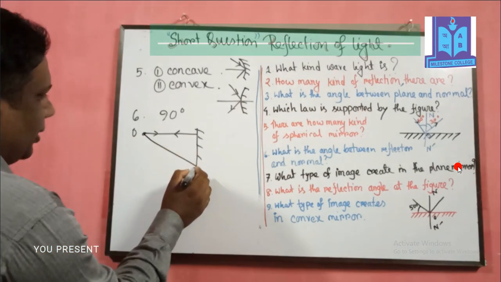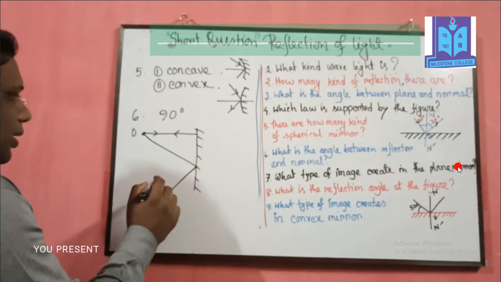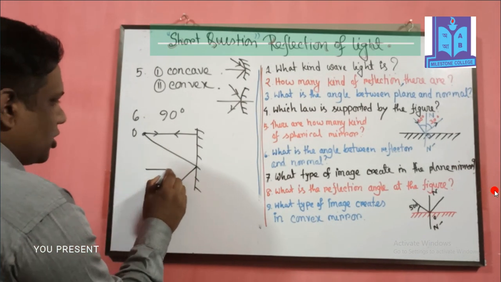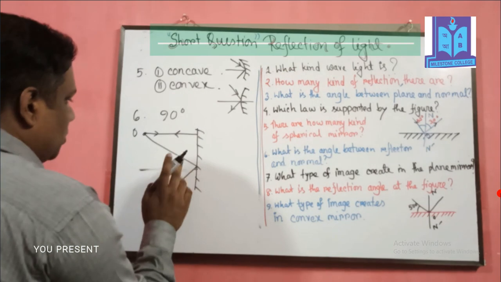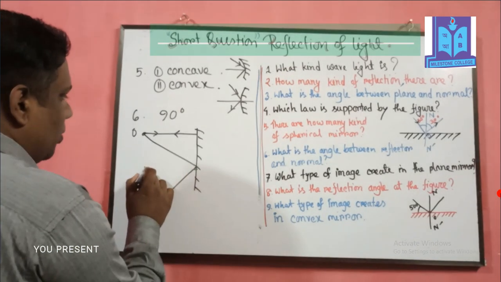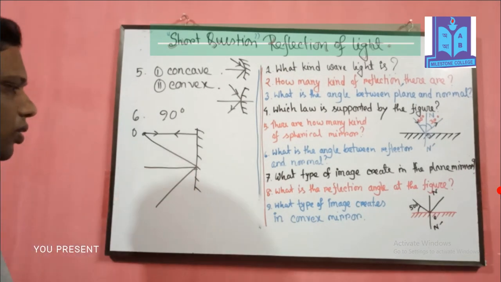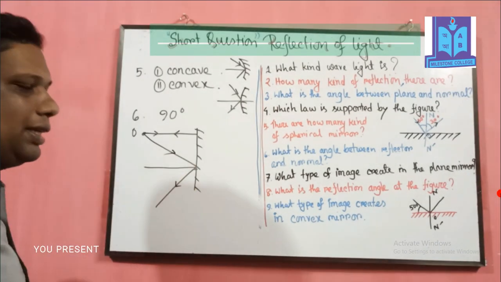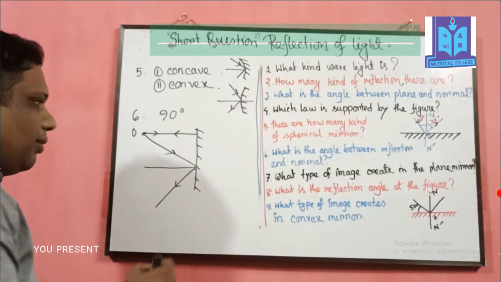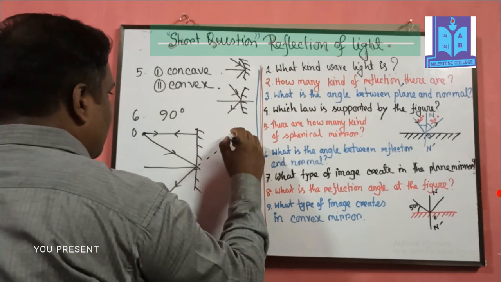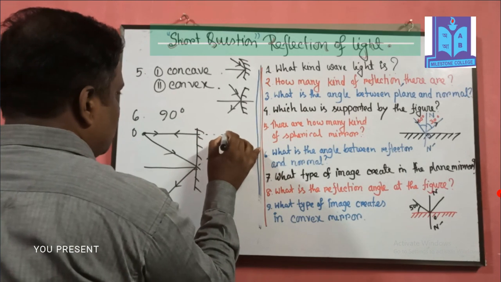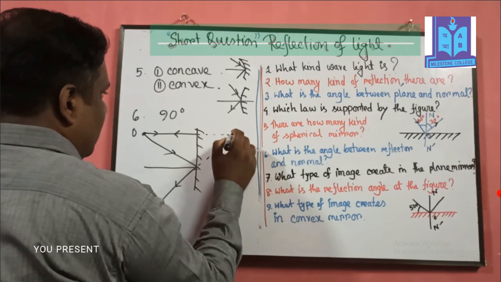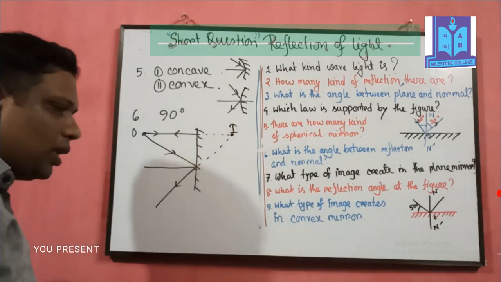For different angles, it maintains the first law of reflection of light, so the angles will be the same. When we extend the light rays behind the mirror, then we can position the image I.